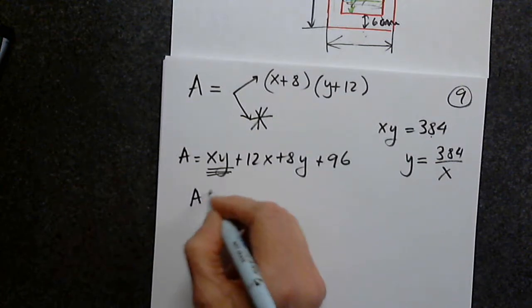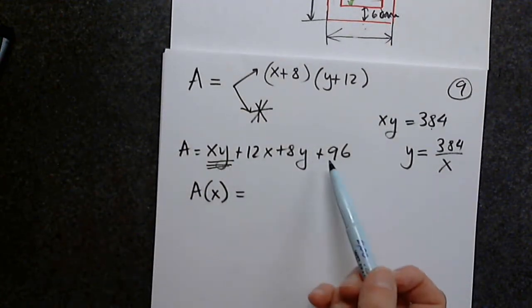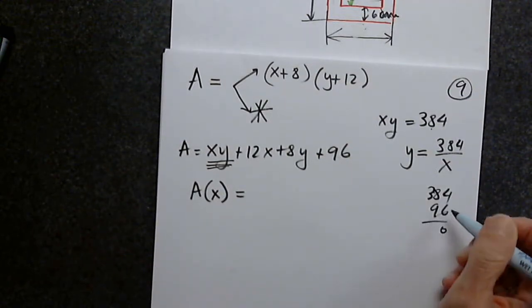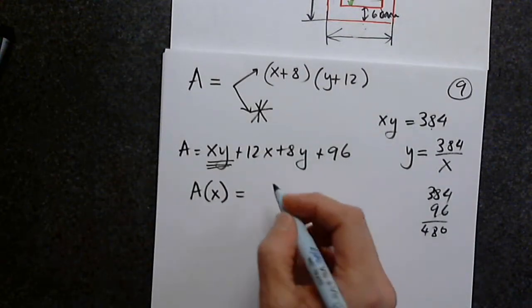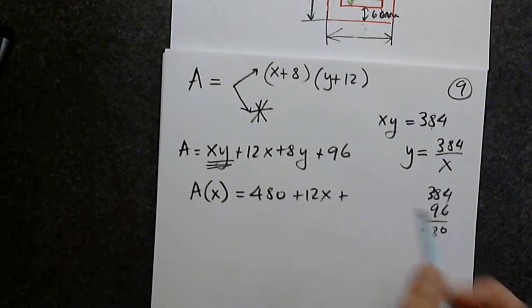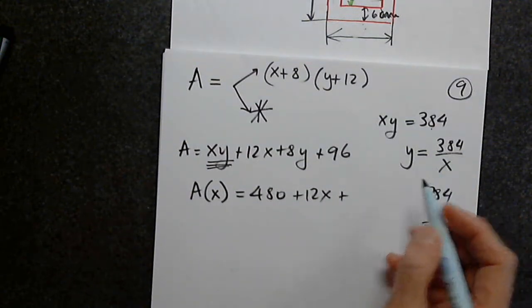So now the area becomes a function of x indeed. 384 plus 96, how much is that? Is it 480? I got 480. You tell me if it's correct. Plus 12x plus 8 times 384 over x.